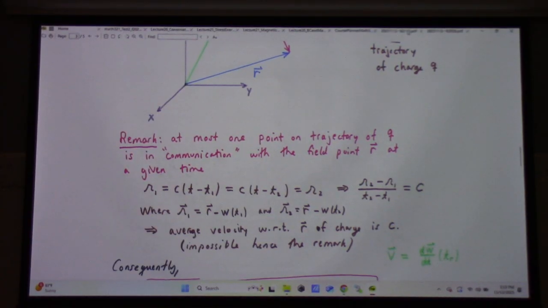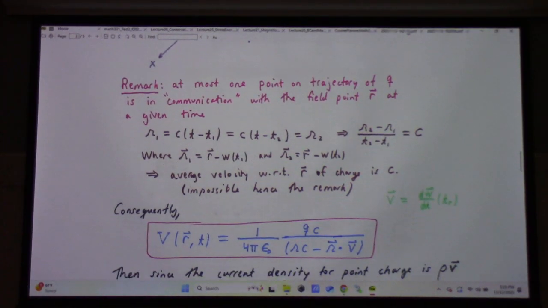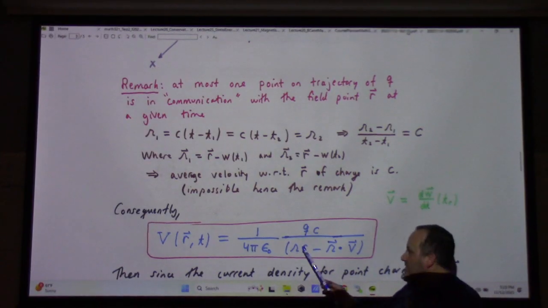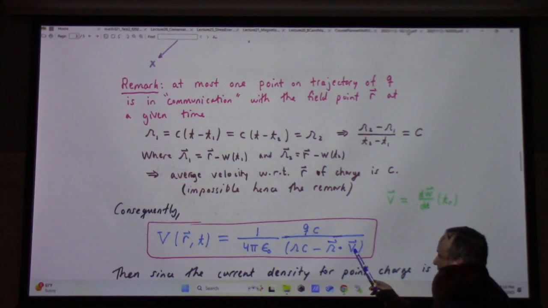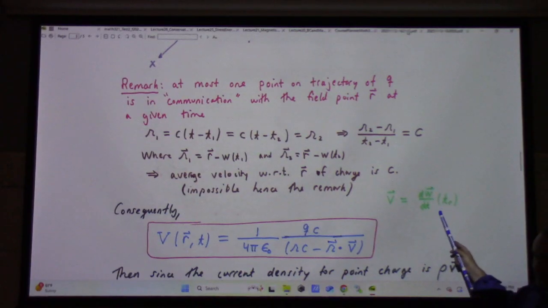So consequently, he says, that brings us to this equation. This is the retarded potential for a point charge. We have Q times the speed of light divided by the separation distance times (c minus R dot v), where the velocity is the velocity at retarded time.